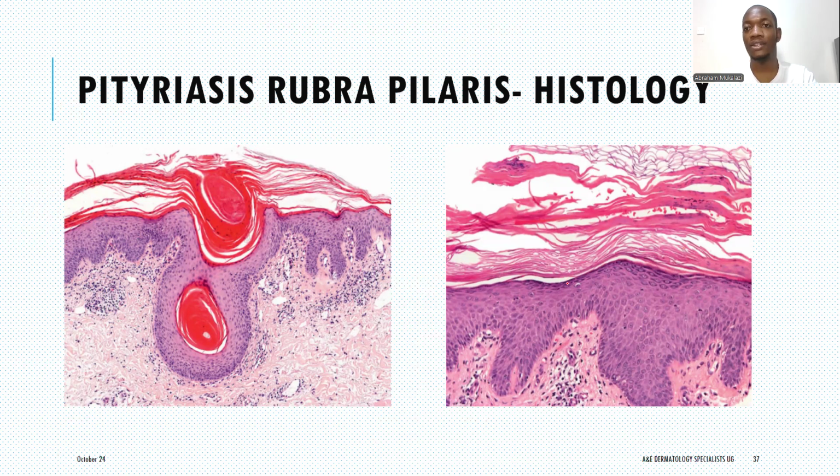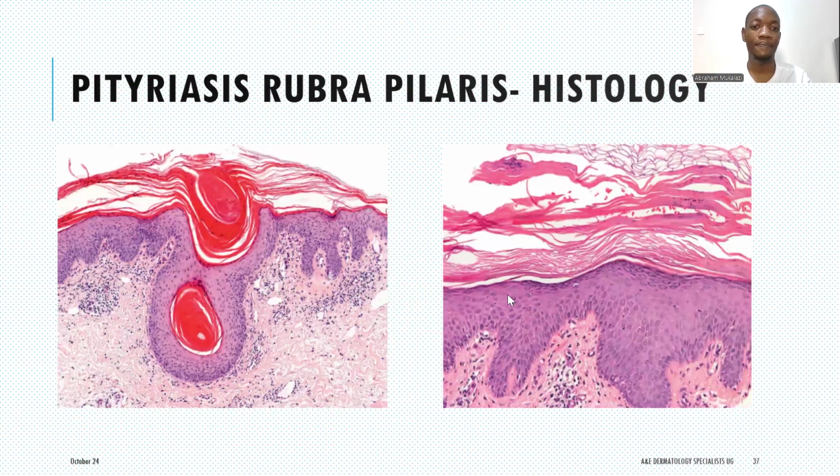Then for orthokeratosis, you have a thick stratum corneum, which is beyond what you see the normal basket weave pattern. So in this case, you see here, vertical, horizontal, vertical, horizontal, vertical, even the same here. This is horizontal, then this one is vertical. So it keeps alternating like that.